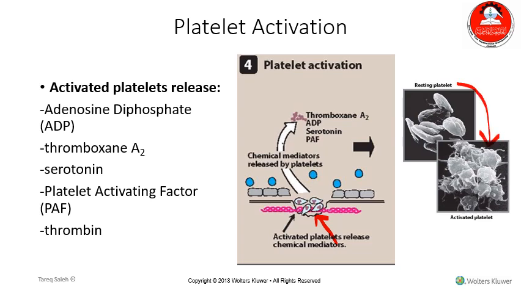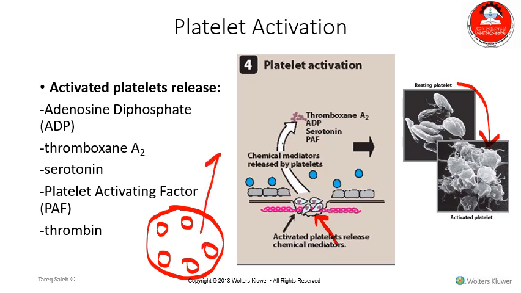And these images were taken by an electron microscope. The second most important event is that binding or adhering of the platelets to collagen results in the release of the constituents of multiple platelet granules into the exterior.